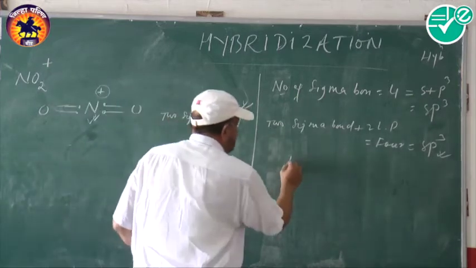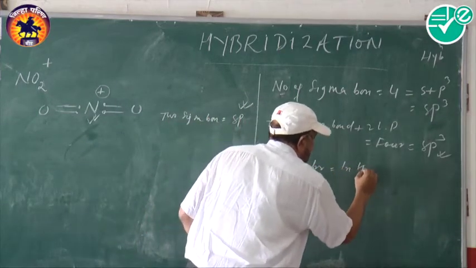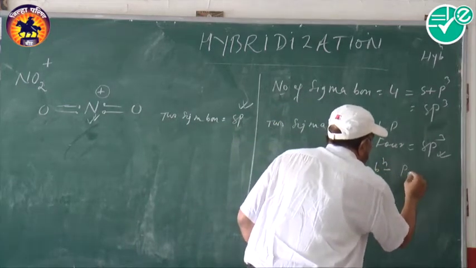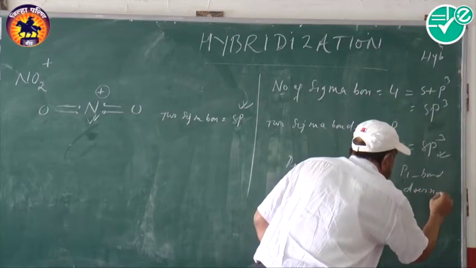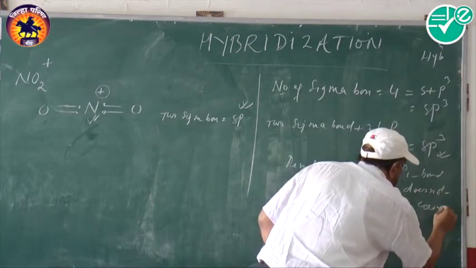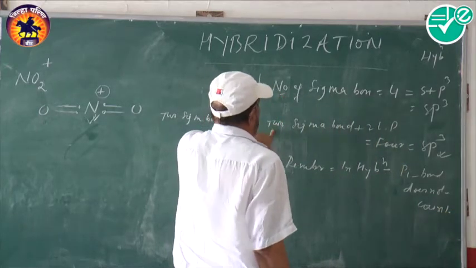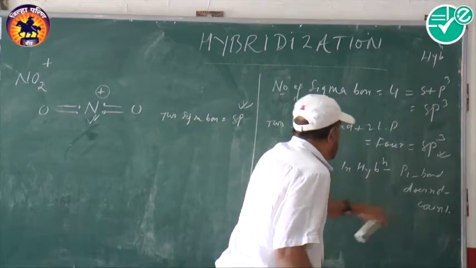Remember, in hybridization, a pi bond does not count. Only lone pairs of electrons as well as sigma bonds count. A pi bond does not count.